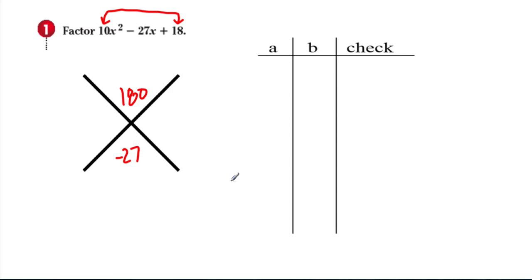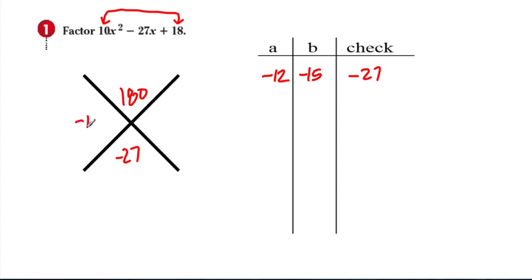Okay, and we use this chart as what we did, and we find that if I use negative 15 here and negative 12 here, okay, we end up with negative 27.